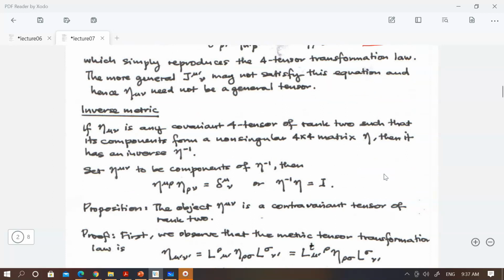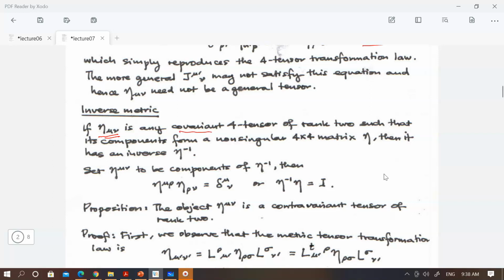Now we have introduced the metric earlier, eta mu nu, which is essentially what I call a covariant tensor of rank 2. Now we would like to have something similar.